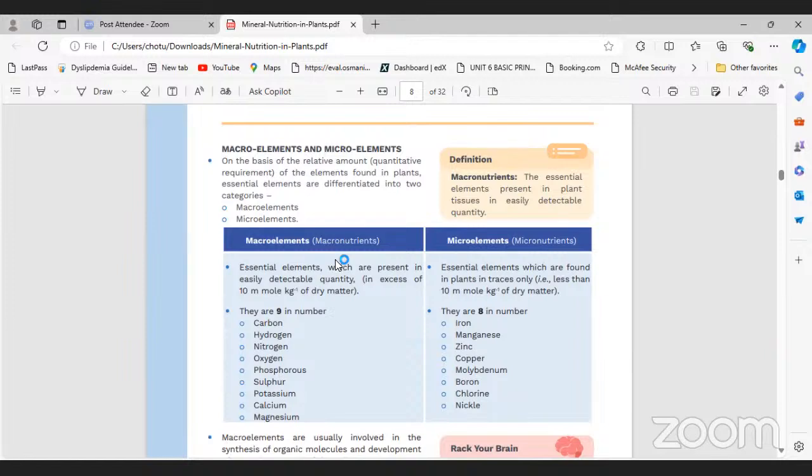Deficiency of the essential elements results in abnormality in the affected plant. A specific pattern of abnormalities is characteristic of the deficiency of each element. The nature of the deficiency symptoms often correlates with the function of an element in plants.